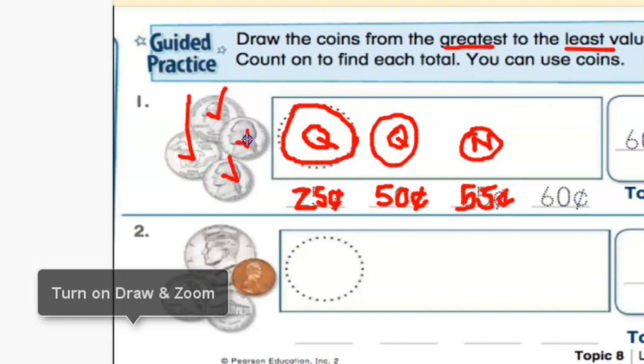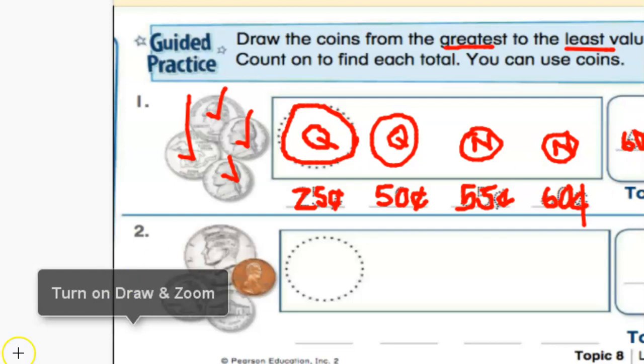Doesn't matter which nickel I check off first, but here's my last nickel. And I'm going to put an N in it. And if I add 5 more to 55, it becomes 60 cents. So our total, let me make sure I put my cent sign, is 60 cents. I kind of cut that off there because I zoomed in. All right, so it's 60 cents for our total.